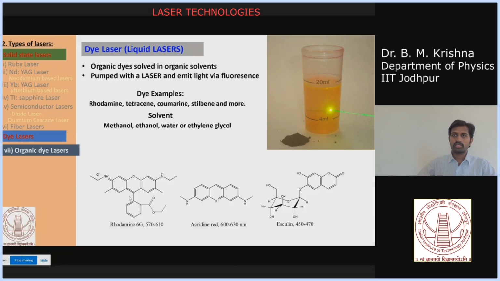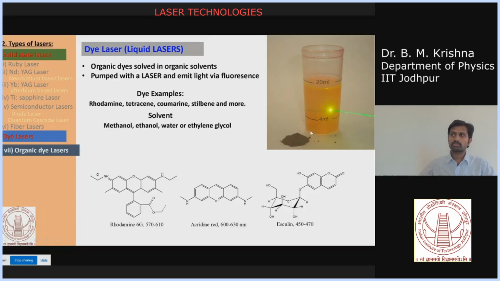These dyes have extraordinary fluorescence, so they give a high fluorescence. For example, in this case you see a rhodamine 6G dye, which has an emission from 570 to 610 nanometers. So you have a broad emission in the yellow region.